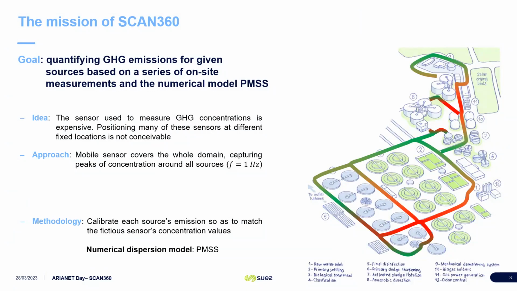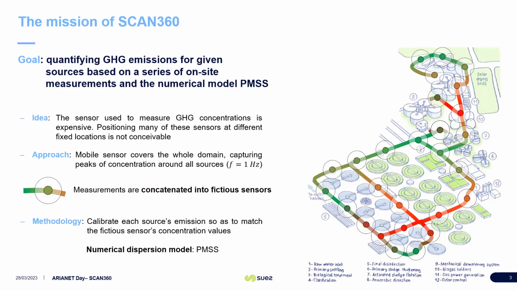What you can see here on the right hand of the screen is typically a series of measurements that have been conducted on such a site. These measurements include concentration values, and through a series of algorithms, we are going to concatenate those values into a series of discrete sensors, which are not physical but fictitious.